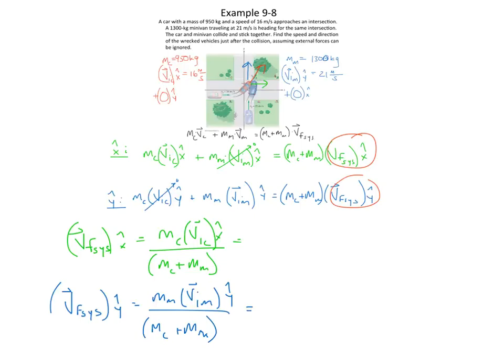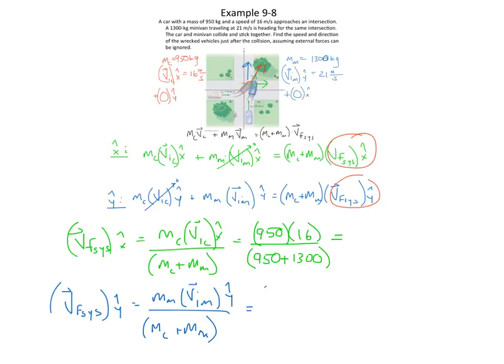Mass of the car, that's 950, right? 950 times initial velocity of the car, that's 16 meters per second, right? I'm leaving my units out just for clarity's sake right here. Divided by the combined mass of them both, so that's 950 plus 1,300. All right, I'll write down my y as well, and then we'll calculate them both at the same time.